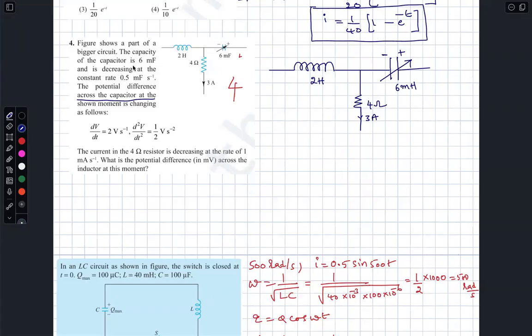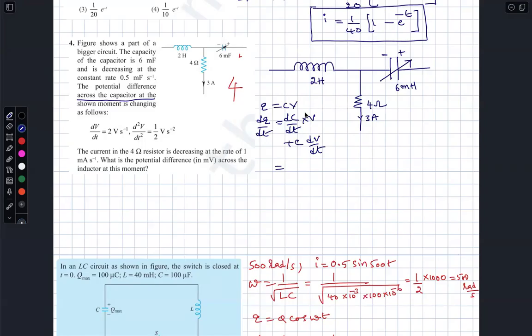Do you know one more thing? The capacitance is also changing. You know, at any instant, Q is equal to CV. dq by dt is equal to dC by dt times V plus C times dV by dt. That's what you have given, what to do? That's what you have given.